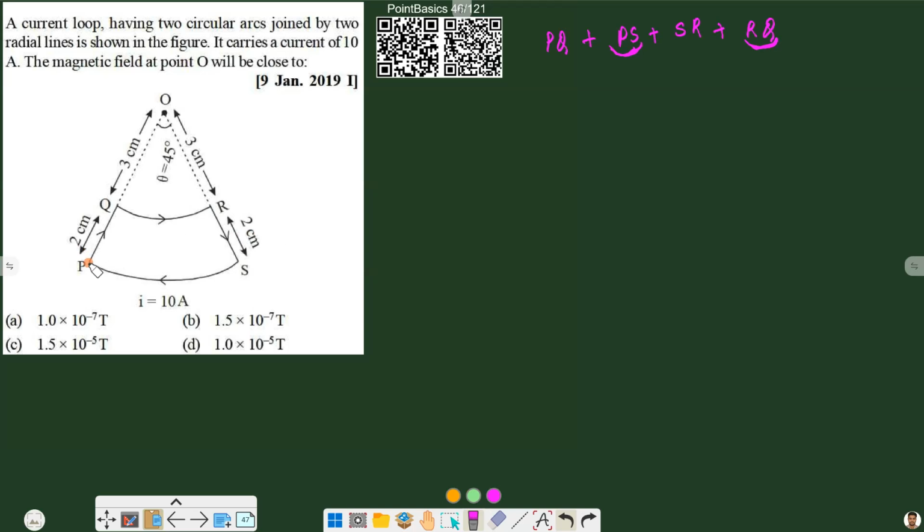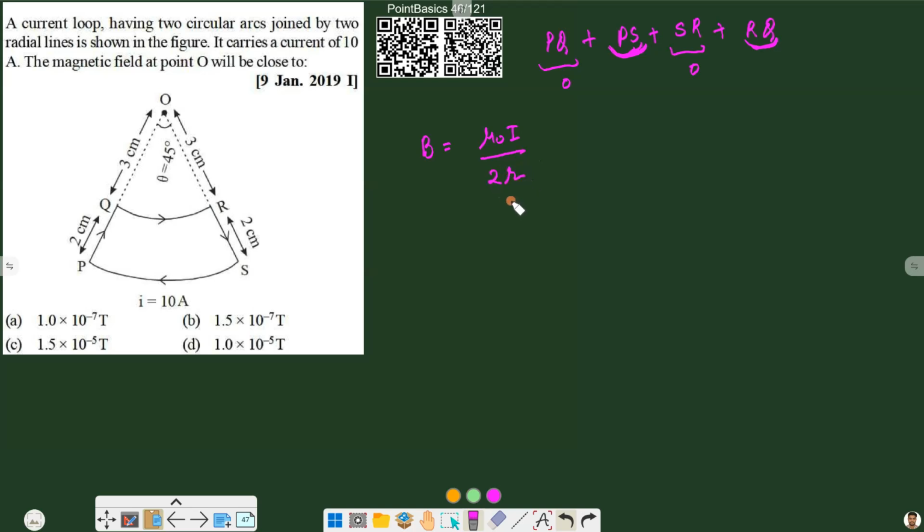Point O lies on the axis of PQ and on the axis of RS, so their magnetic field will be 0, and we have contribution only from PS and RQ. As these are parts of a circle, for a closed loop the magnetic field is mu naught I by 2R.